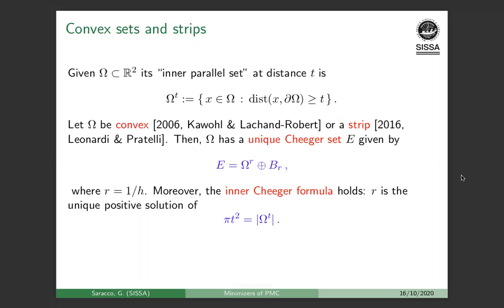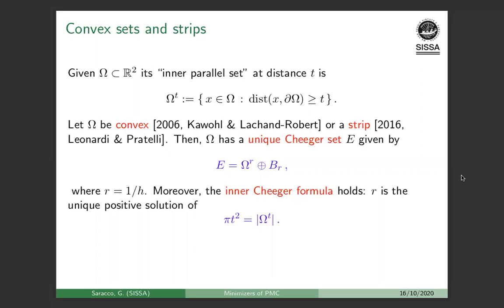By solving it, you find the constant, because the solution is the inverse of the constant. And then the characterization tells you what the minimizer is. You take a ball of that radius, the inverse of the constant, inside omega, and move it around as much as you can. The area you color is the unique minimizer.